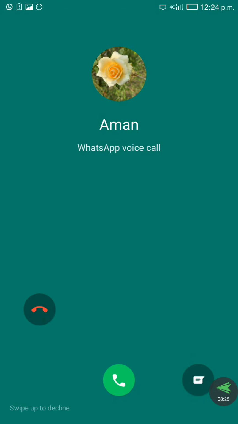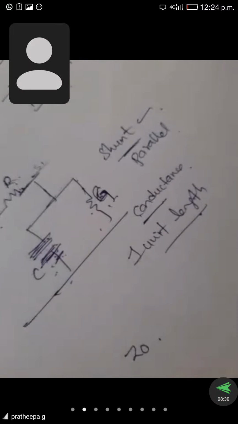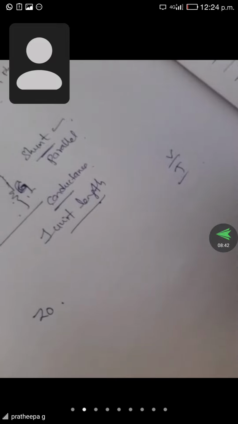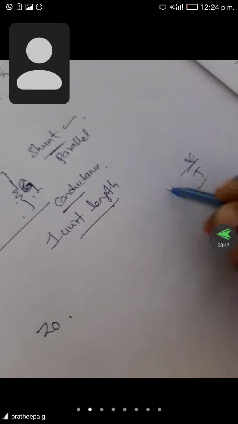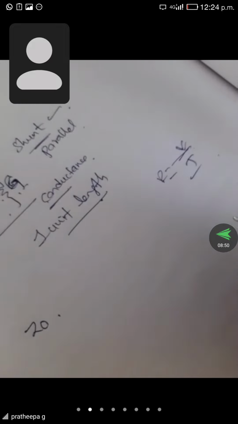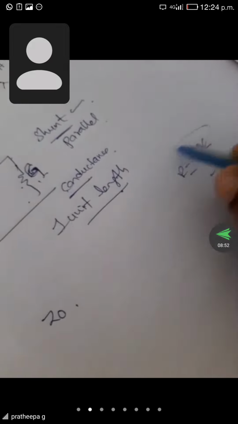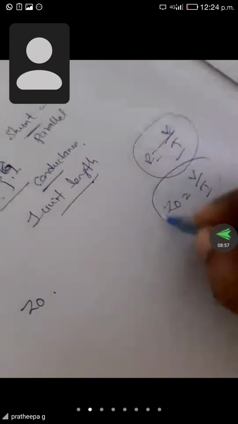Impedance means resistance, right? The definition in terms of V and I: the flow of current, V by I. So Z can also be represented as V by I.